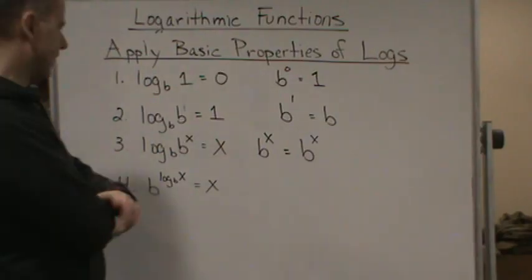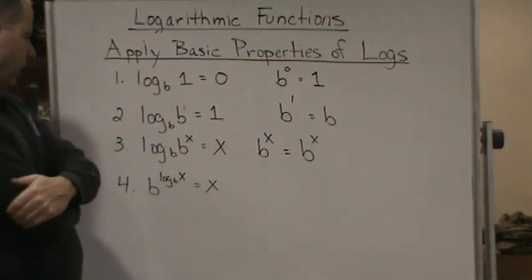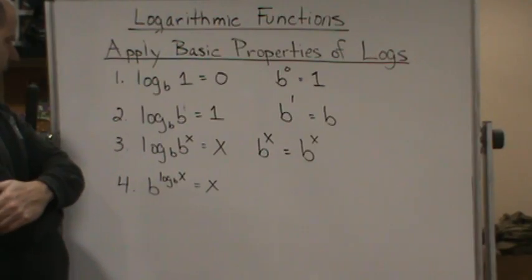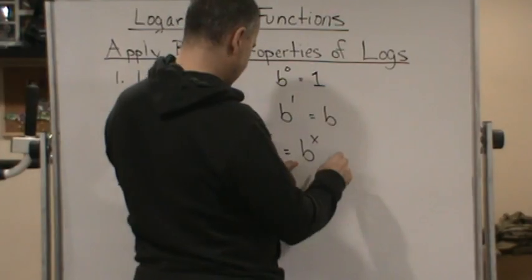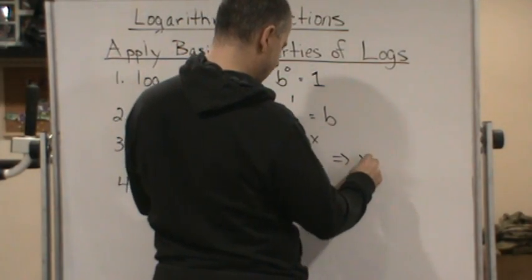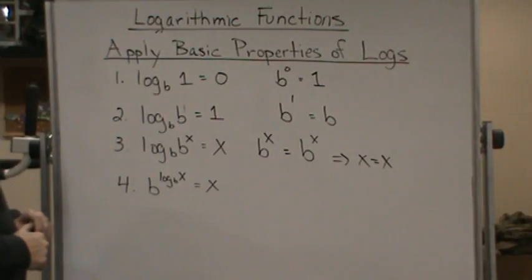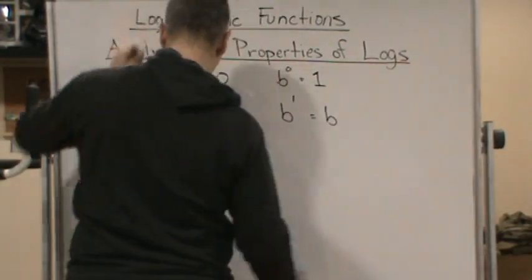We get the exact same thing on both sides when we change it to an exponential expression. This leads to x equals x. So we're just using the equivalence property there.